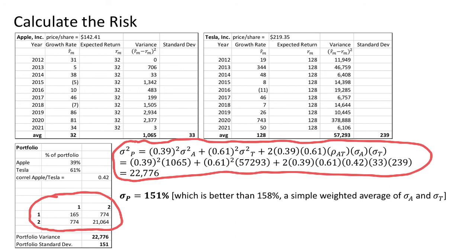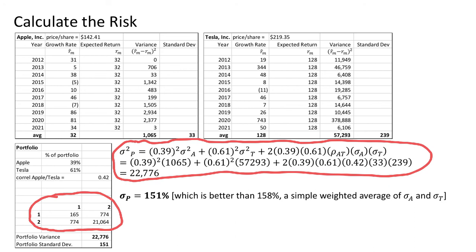What I'm telling you is, if you add up all the numbers in our 2x2 matrix, 165 plus 21,064 plus 774 plus 774, you will get the same exact number as if you did the calculation in the equation for variance of the portfolio. And what you will get in either case is 22,776 percentage squared, because this is a variance of the two-stock portfolio.